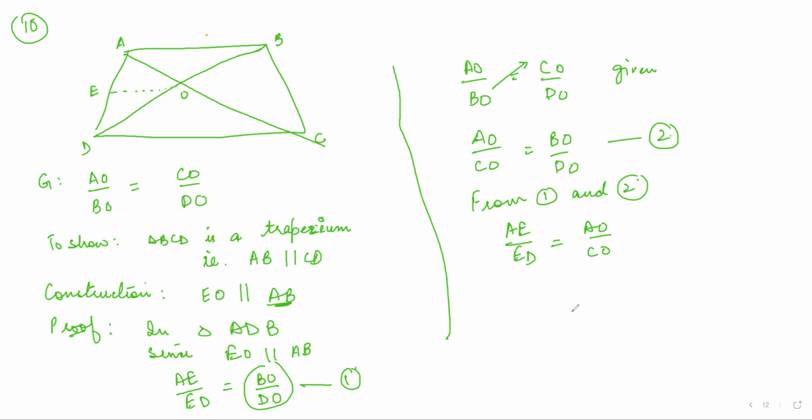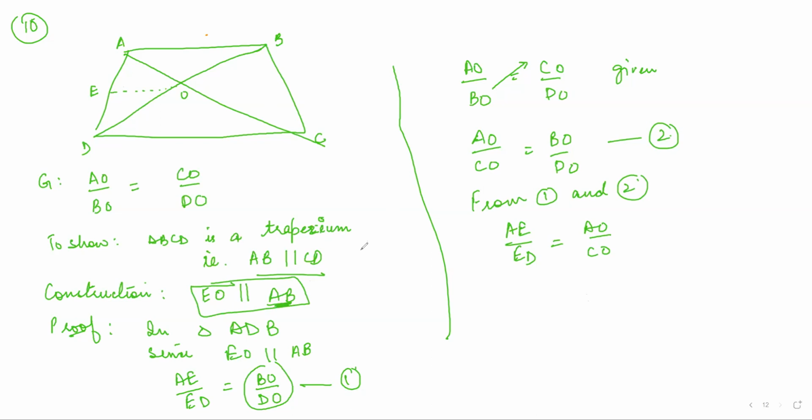See, ultimately I want to show AB parallel to CD. Sorry, I have to show that EO is parallel to CD also. This I have taken in construction. Now I want to show that the line EO is parallel to CD. So which triangle should I use?